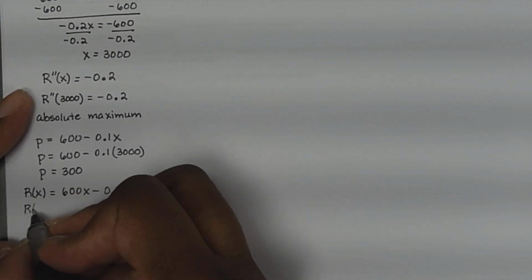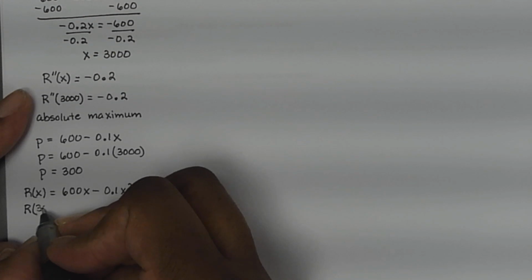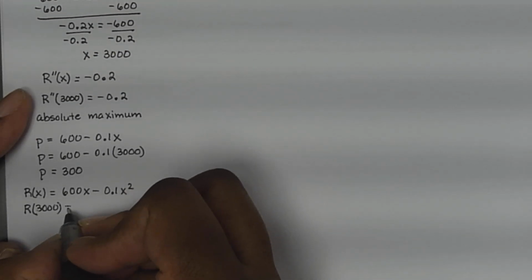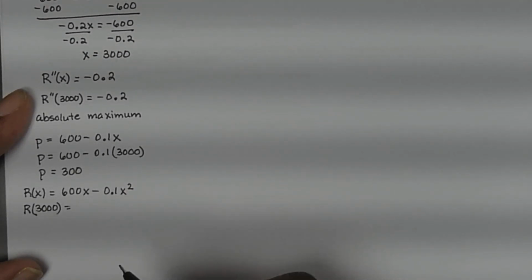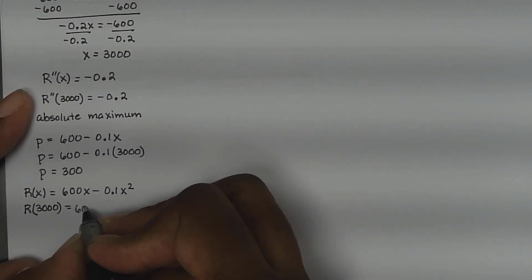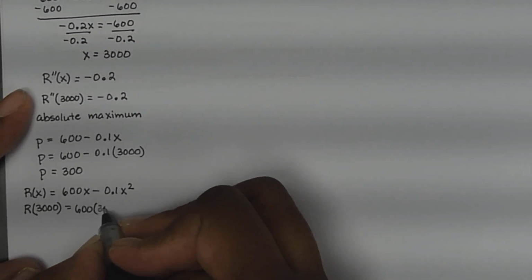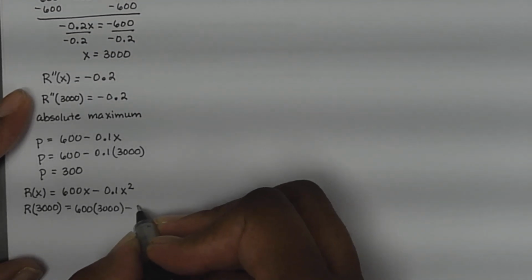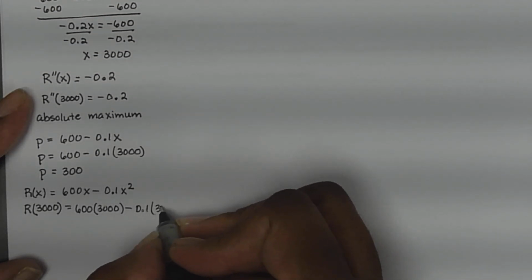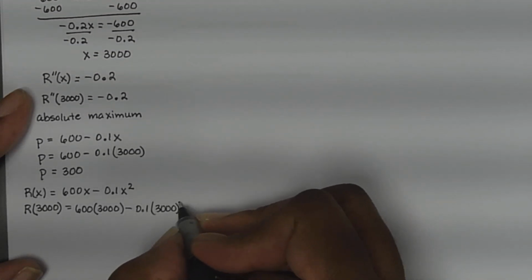Then that means R of X, and X is 3,000. So everywhere there's an X, we substitute 3,000, so it'll be 600 times 3,000 minus 0.1 times 3,000, and that quantity will be squared.